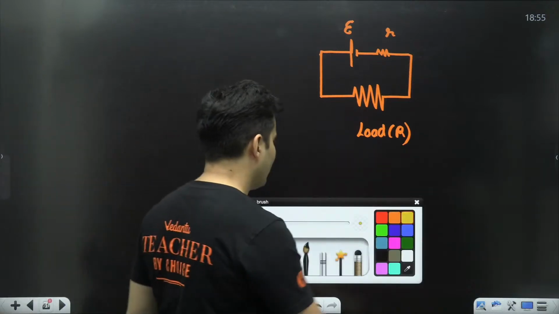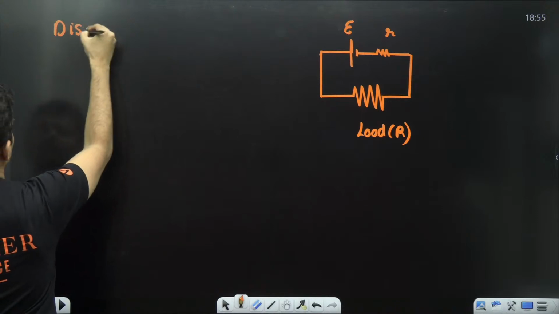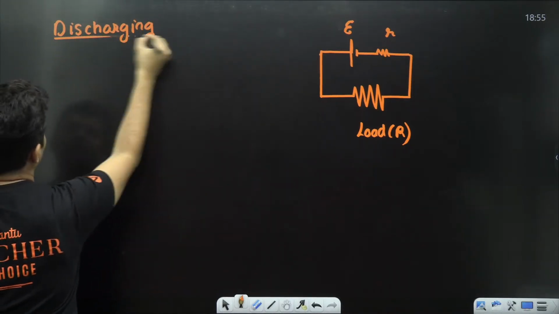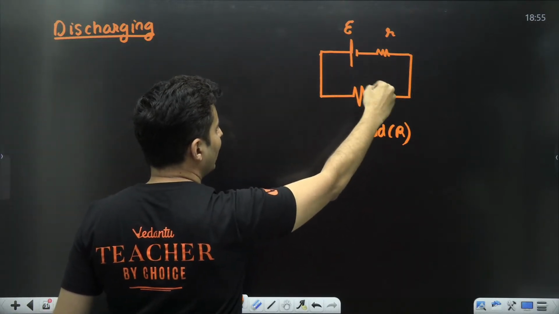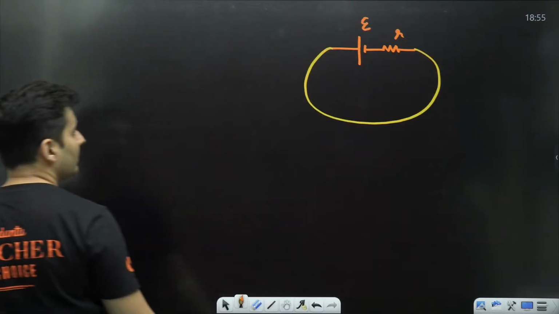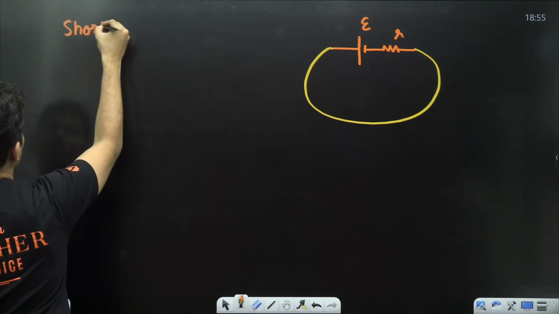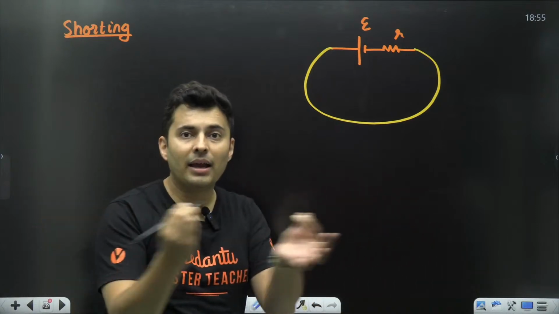This particular mode is called discharging. This is called discharging mode because you are discharging the battery, converting chemical energy into electrical work. Electrical work is being lost in this resistance. The second one is called shorting. When you short something, that means you are connecting 2 terminals by a wire.